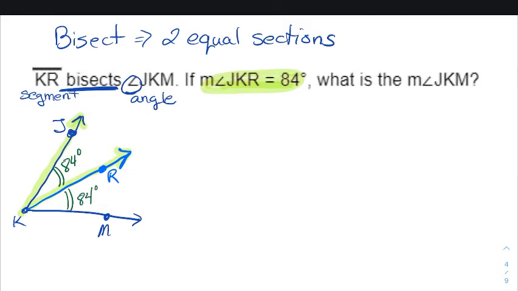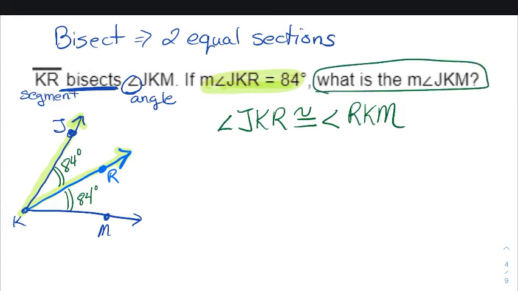All right, so again, by the definition of bisect, we have that the measure of the angle JKR must be congruent to the angle RKM. Okay, now to answer the question that's being asked, what is the measure of JKM?